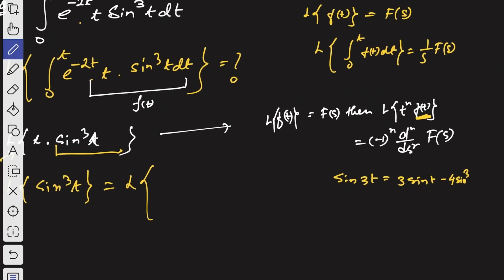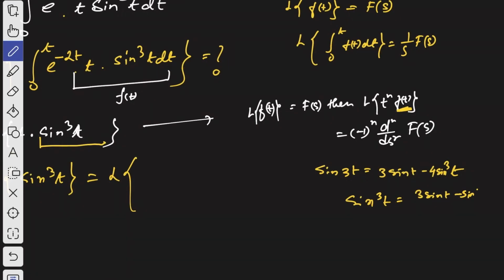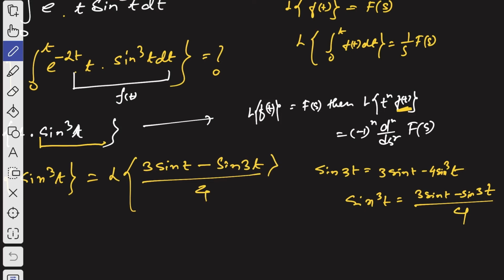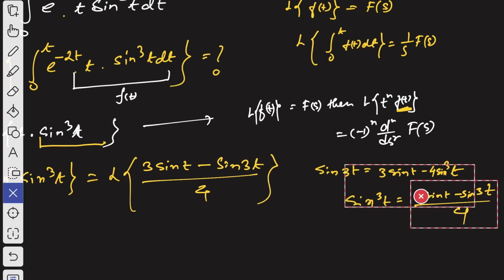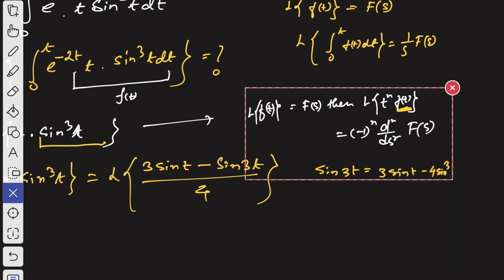If you simplify this, you will get sine cube t is equal to (3 sin t minus sin 3t) by 4. That's what we will get. So hope you have understood this.